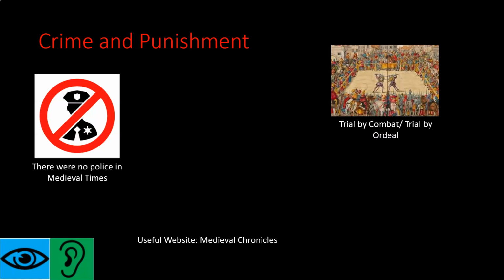So the first type is when you have two people accusing each other of something. So, for example, I come and I accuse someone else that they have stolen something from me, or that they have damaged my property, or something along those lines.